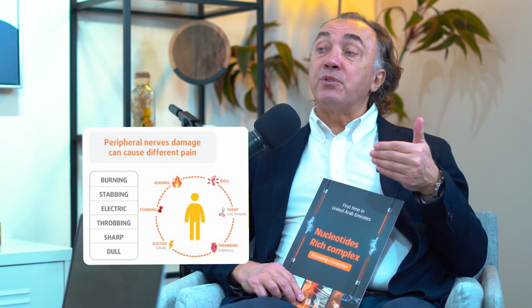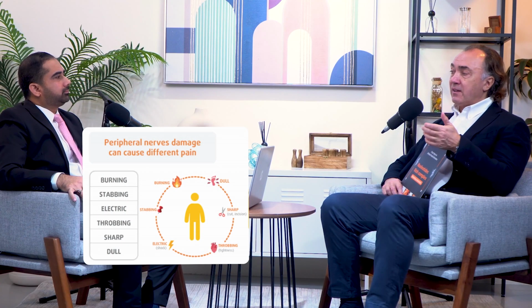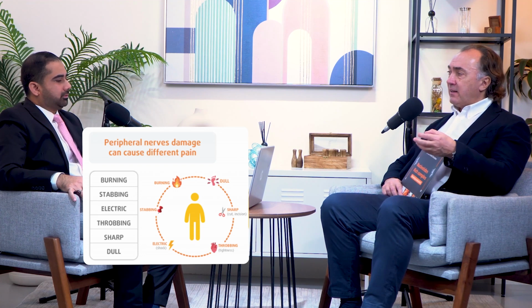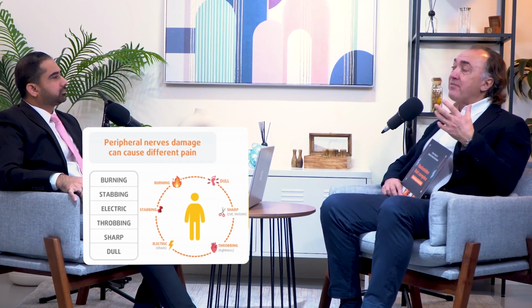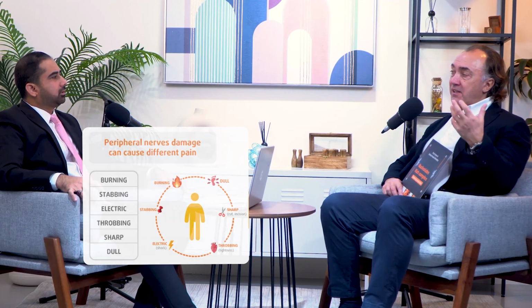If small sensory fibers are involved, patients have pain and come to doctors complaining of tingling, burning, numbness, pain in the foot, and they cannot sleep. We call this painful diabetic neuropathy. But this is only one group. About 20% of patients with diabetes have this painful type of neuropathy.